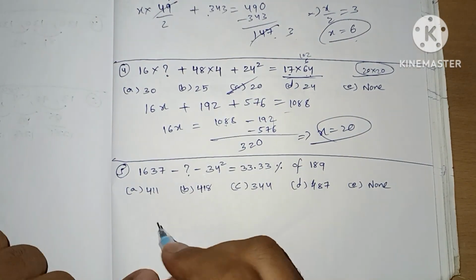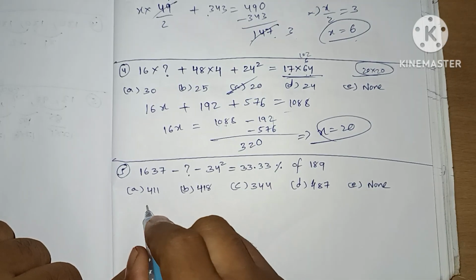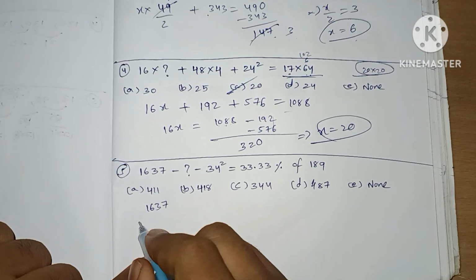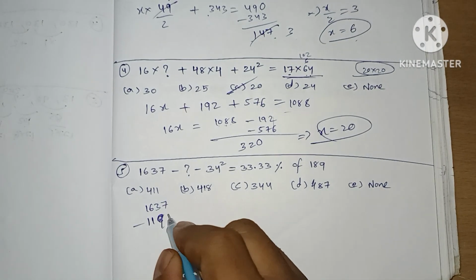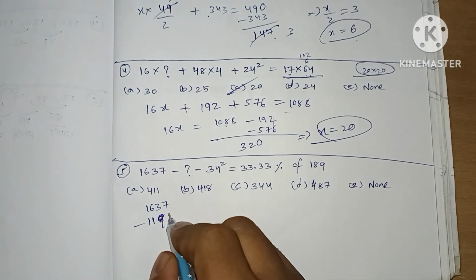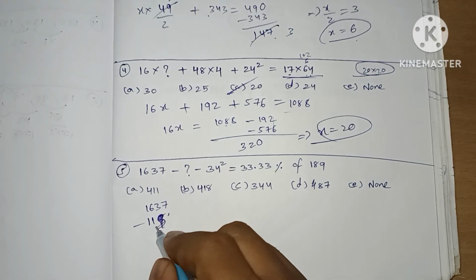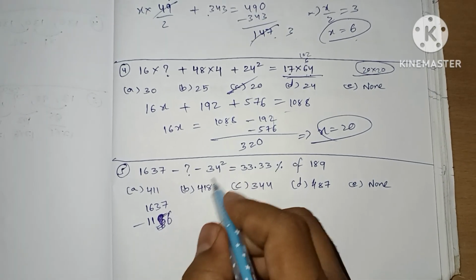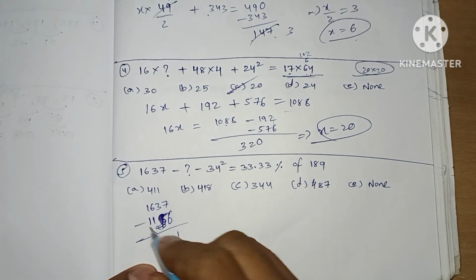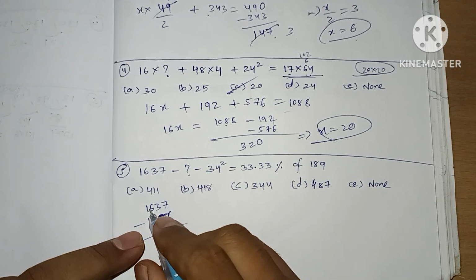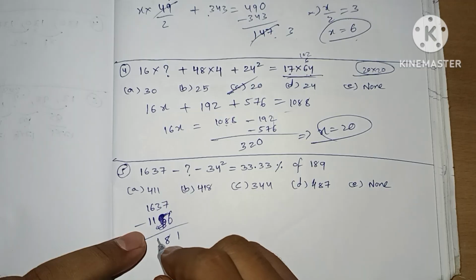Next, fifth one. 1637 minus 34 square value is 1156. 34 square value is 1156. So we have 1 5 plus 3 8. Here 5 minus 1 4, 481.